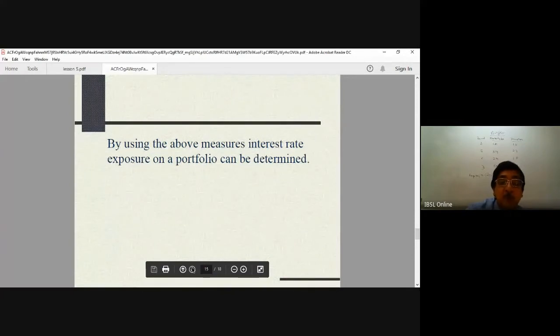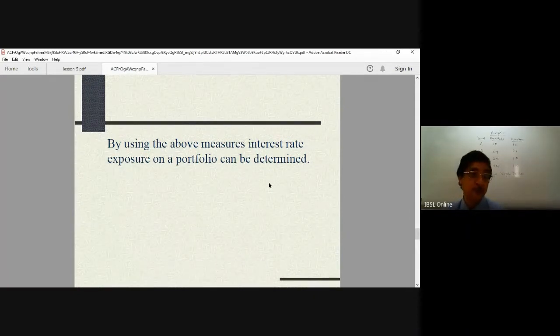By using the above measures, interest rate exposure on a portfolio can be determined. Now, what do you mean by interest rate exposure? Now, if you have a portfolio, say as a manager, you need to manage portfolios in your organization. Say, for example, you are the manager for fixed income securities. Then it comes under your management.